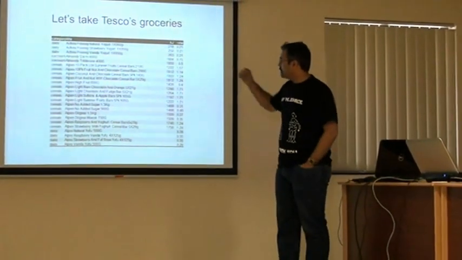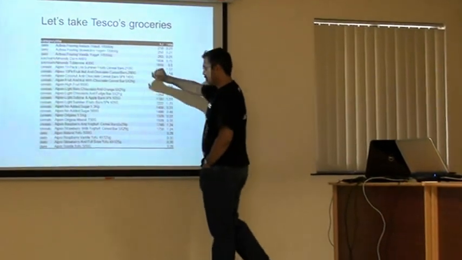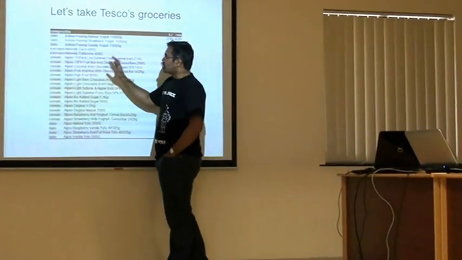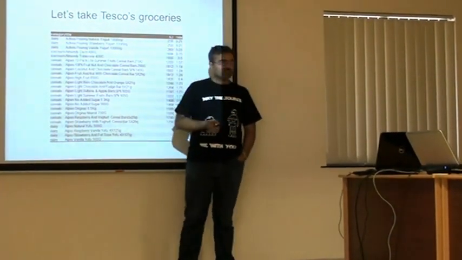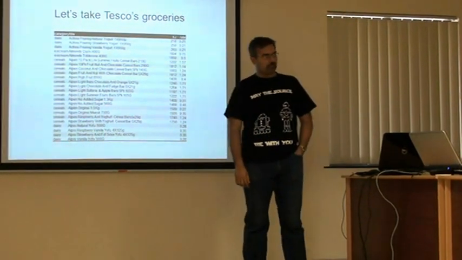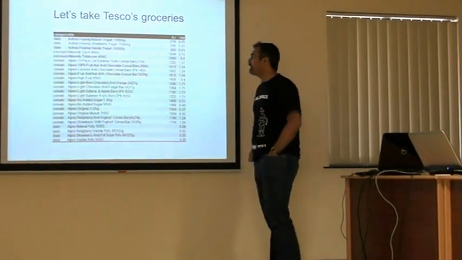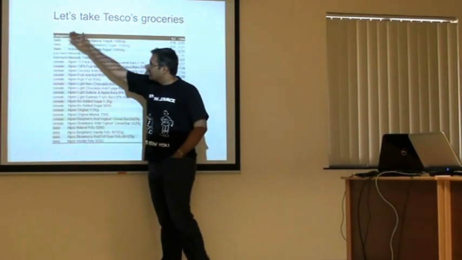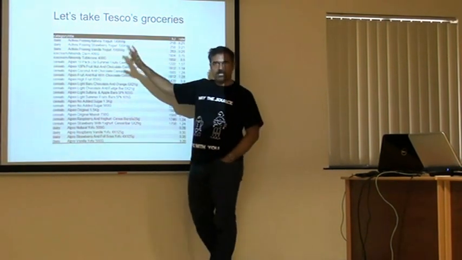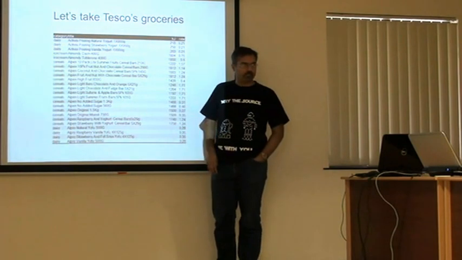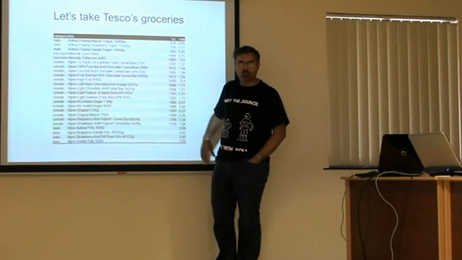So what I've got here is a snapshot of a data set, which is from Tesco's website. Tesco is a retailer. They sell groceries among other things. And what we have here are the category of the product. It's a much larger data set, by the way, which we put together by scraping their website. I'll just show you one page of it.